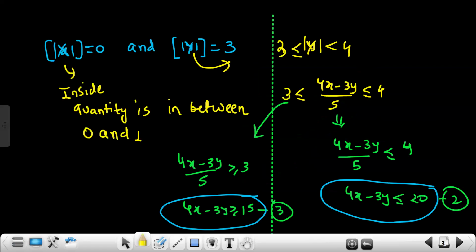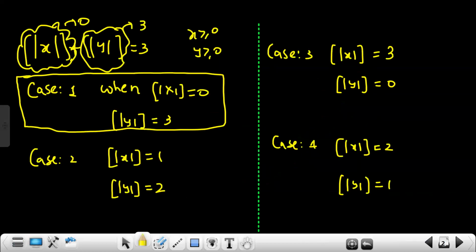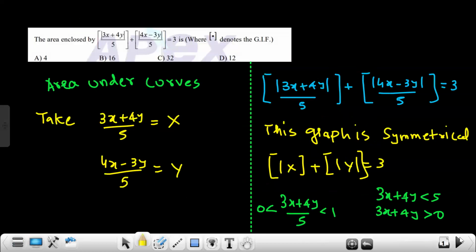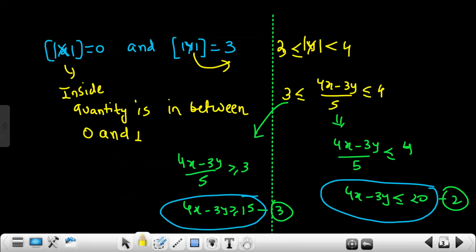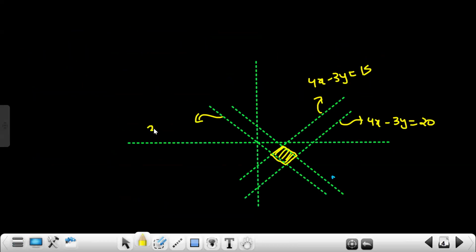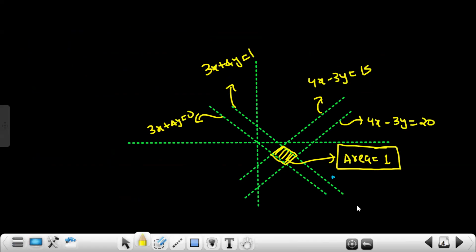This line is 3x plus 4y equal to 0, the line passing through the origin. And this line is 3x plus 4y equal to 1. If you find these coordinates and solve this, you will get area 1.